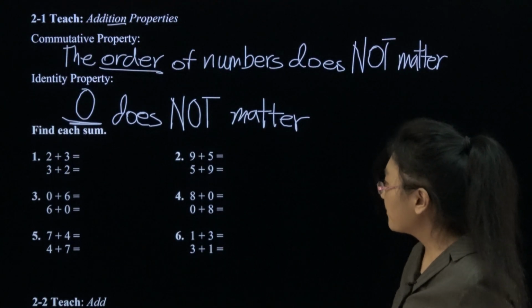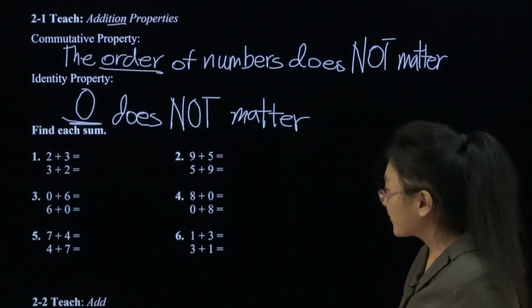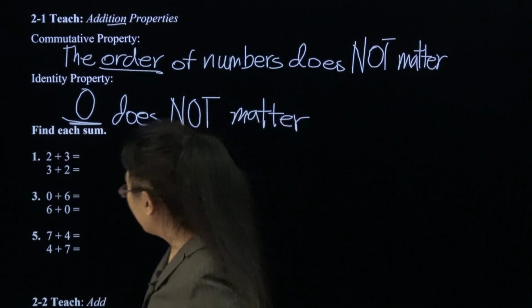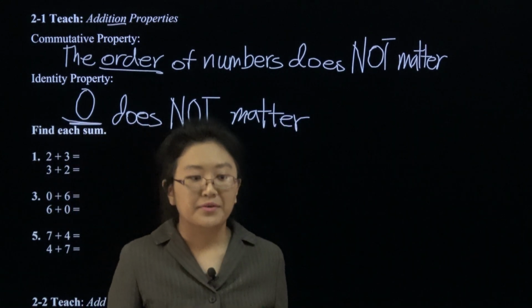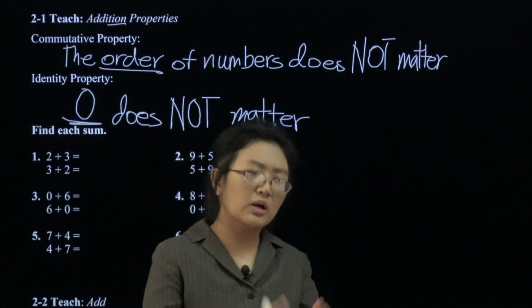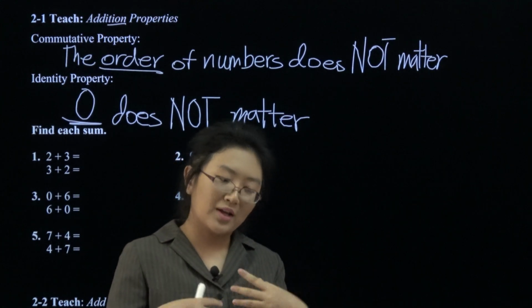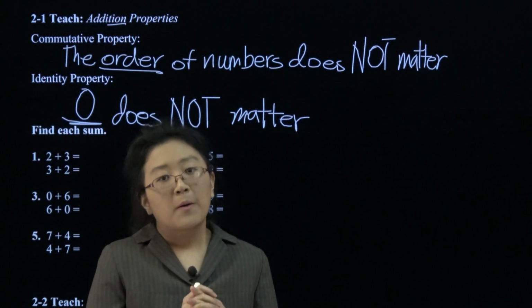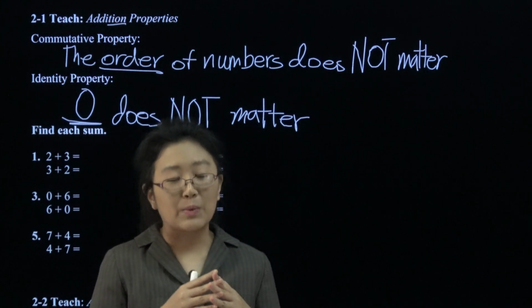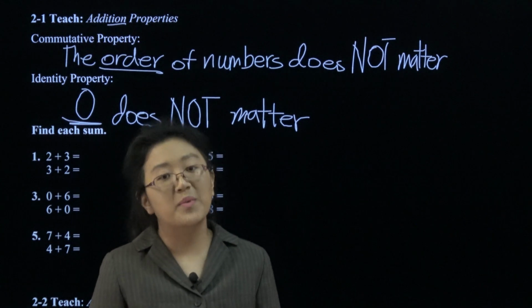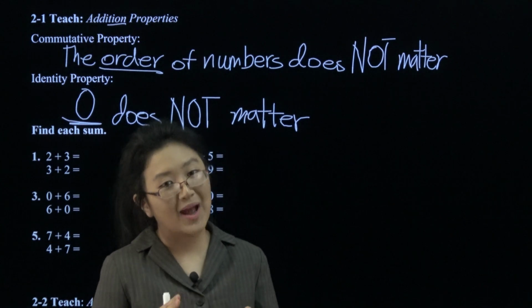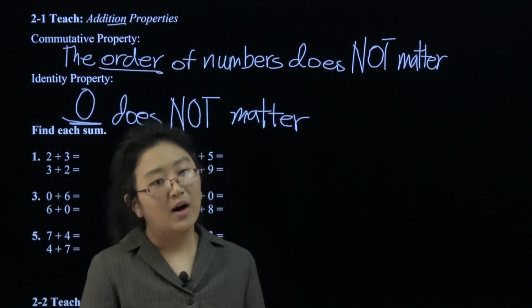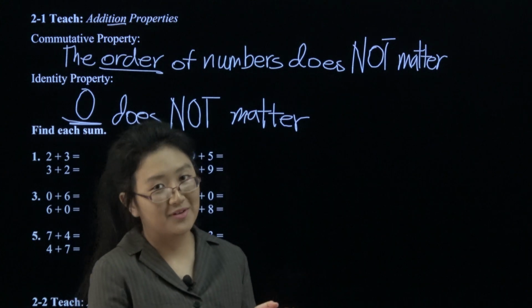Alright, so now, right now you may be thinking, oh, how do I add? Well, right now you're using your fingers, the number line, many things. But at one point in life, you must remember how to add single-digit numbers.